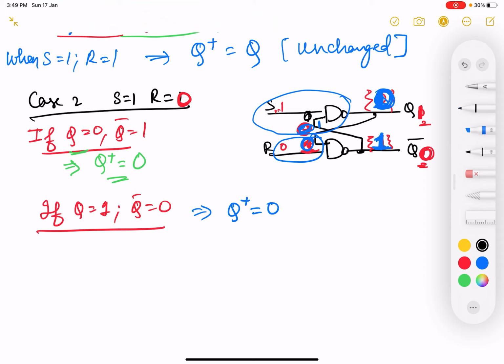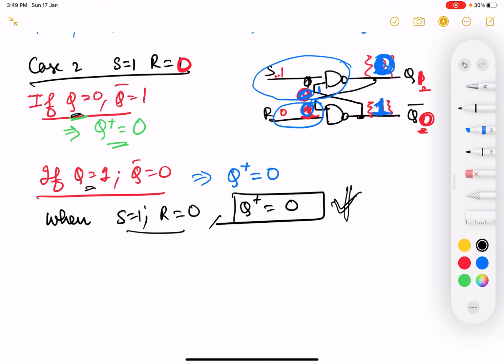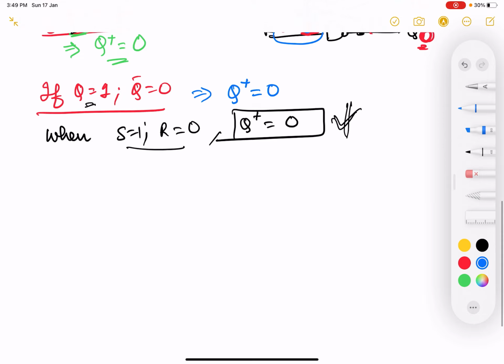Hence we can conclude that when we apply S equal to 1 and R equal to 0, the output state Q plus becomes 0, irrespective of whether the output was initially 0 or 1. On application of S equal to 1, the output state becomes 0. Similarly, we'll find another case, case 3.